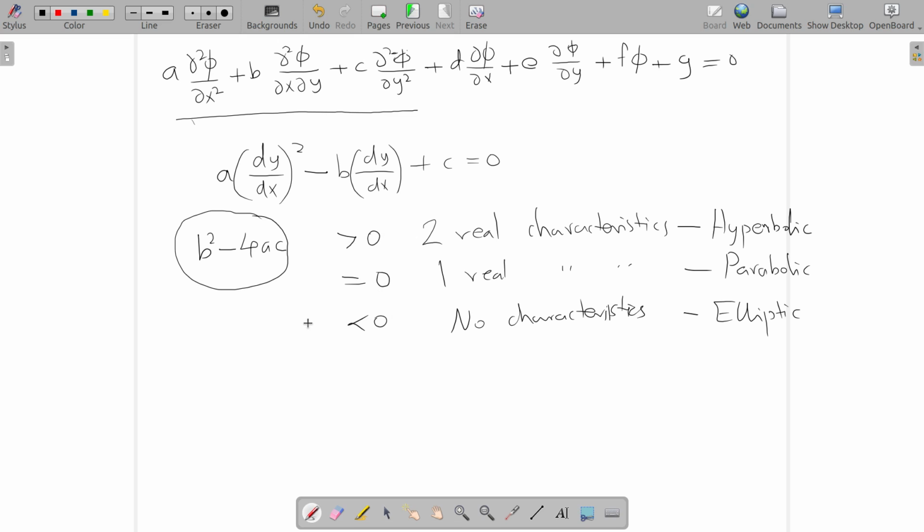In some cases, A or B, these coefficients, can be a function of x or y. So in those cases, depending on the range of values for x and y, you will have different types of problems.